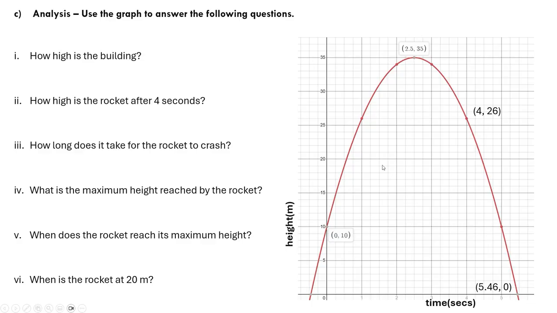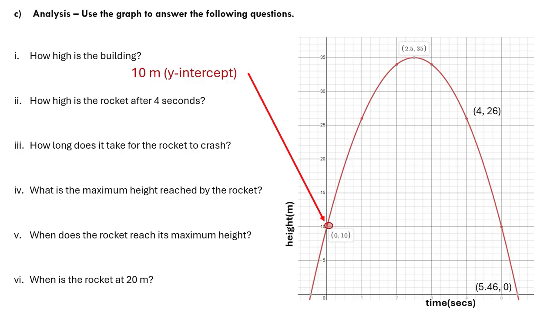And now the questions relating to the graph: how high is the building? Well, once again, at 0 seconds, we have to assume that the height of the building is the same as the height of the rocket, because that's where it's being launched from. So the height here is 10 meters at 0 seconds. So we'll fill that in as the height of the building.